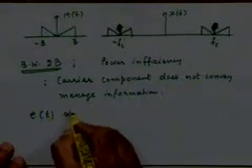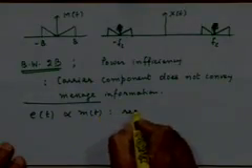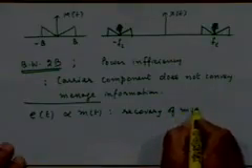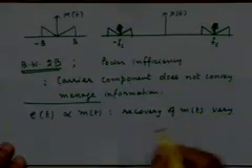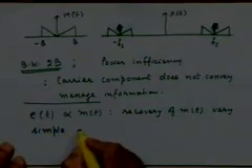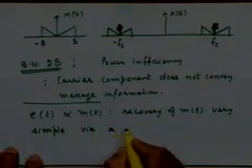The demodulation can be effected extremely simply by using a very simple circuit which we call the envelope detector. So basically we use the fact that the envelope E of t is proportional to m of t, and that makes the recovery of m(t) very simple by a device which you call a diode detector.